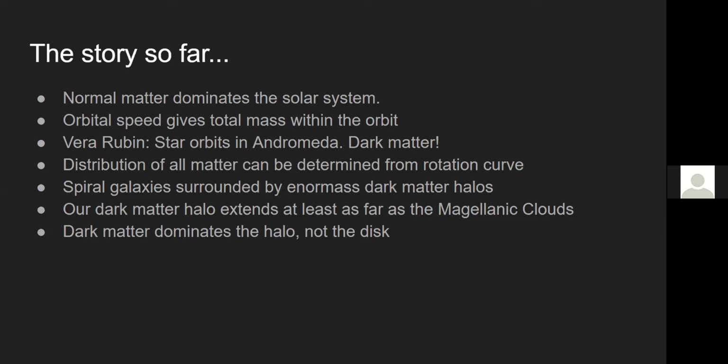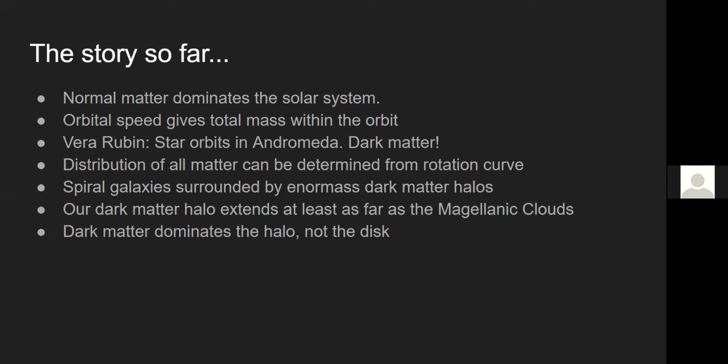By looking at the star orbits in Andromeda, we showed not only that dark matter was needed, but what the distribution of dark matter was within the galaxy. That spiral galaxies are surrounded by enormous dark matter halos, and that our dark matter halo extends at least as far as the Magellanic Clouds.